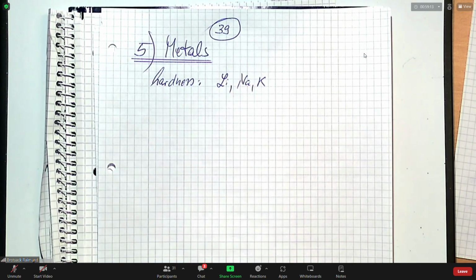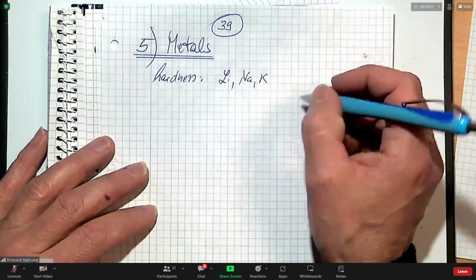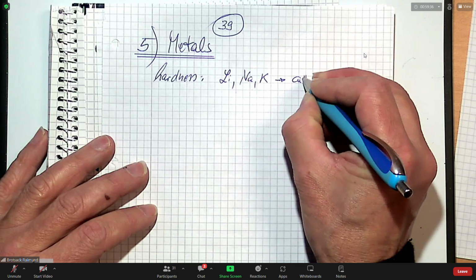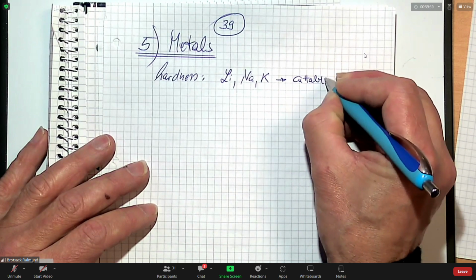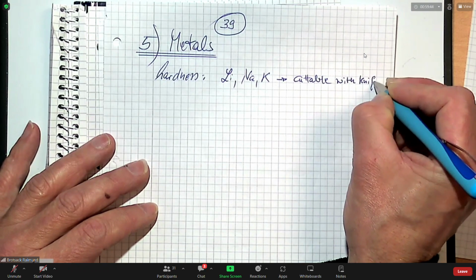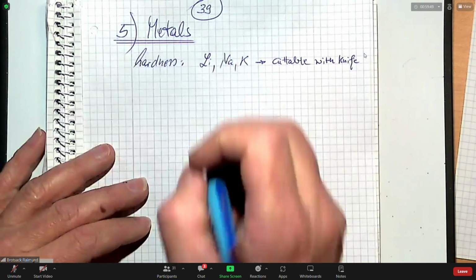But if you cover them with an oil where no oxygen can get into contact, you can handle these metals. And if you take them out, you can cut them with a knife. So they are not very hard. Alkali metals are not hard.